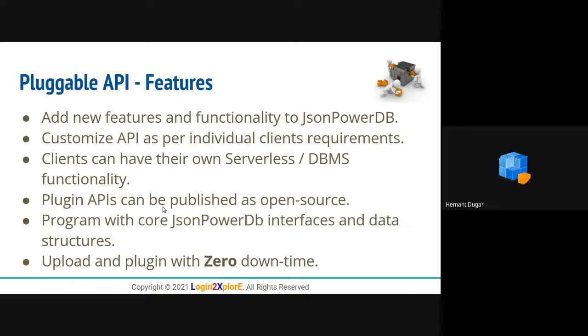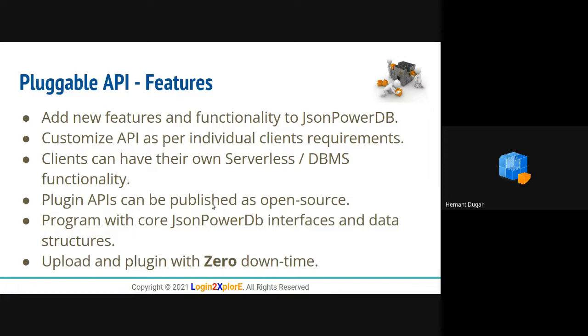Plugin APIs can be published as open source. This is our near-future plan, to start providing pluggable APIs as open source on some open source platforms. For example, Umang is developing an upload and download API for files, pictures, videos.